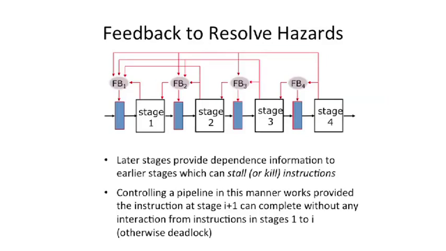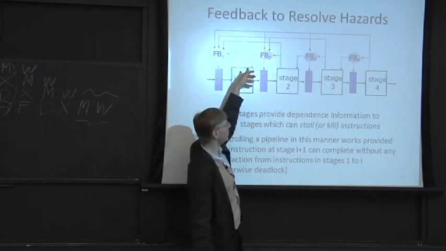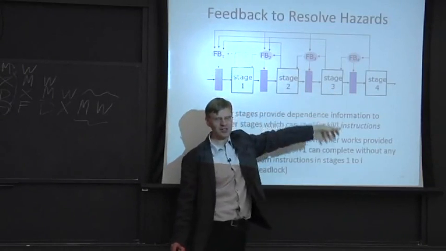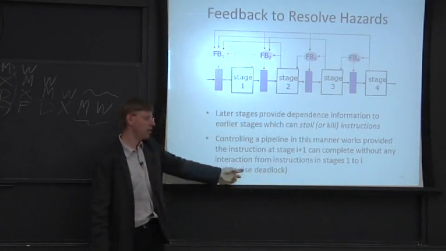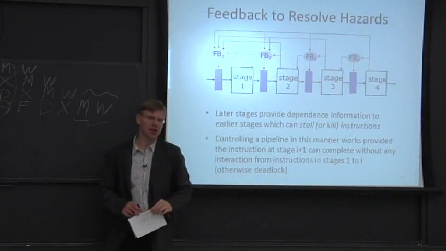What's really important here is controlling a pipeline like this, because if you have feedback going the other direction, you might end up with some form of deadlock in your processor.